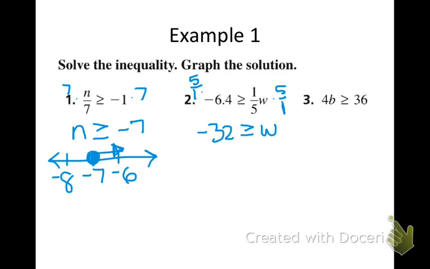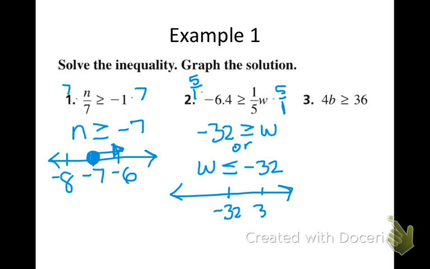Keep the inequality as written, or you could reverse the whole thing to get the variable on the left, but w is definitely less than negative 32. Less than or equal to, I should say, and it points to the left.